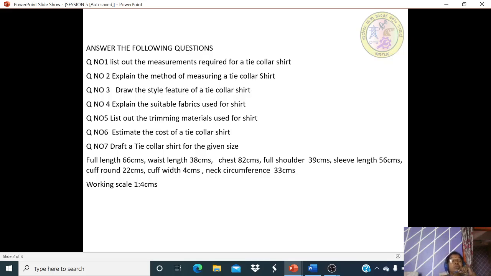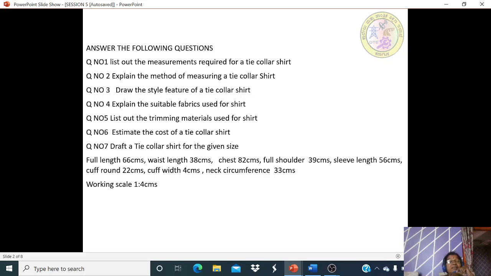Question number 2 is an explanation regarding how you are going to take these measurements. So how to take a full length measurement, how to take a chest measurement, this you have to explain in question number 2.